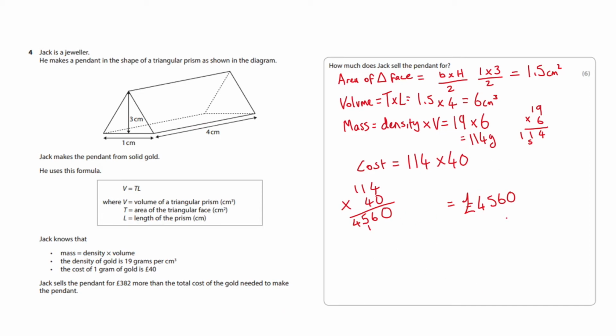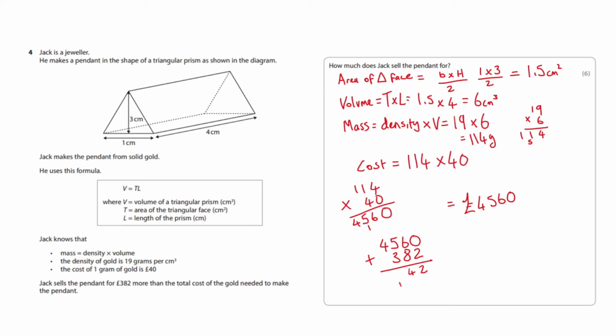But as it says in the question, Jack adds a further £382 to make a profit. So we're going to add this last bit onto our calculation. 2 plus 0 is 2. 8 plus 6 is 14.